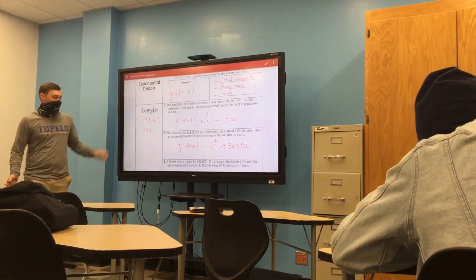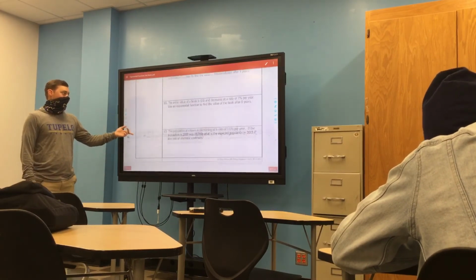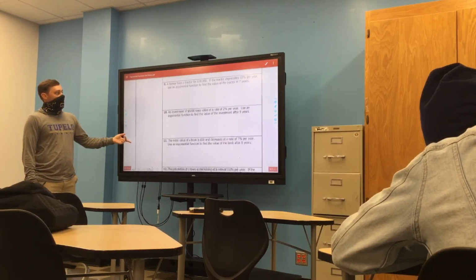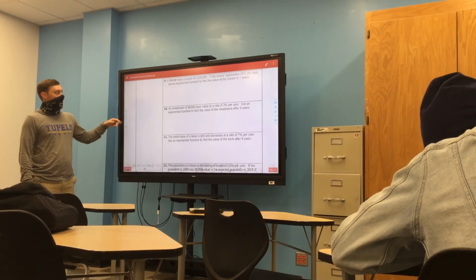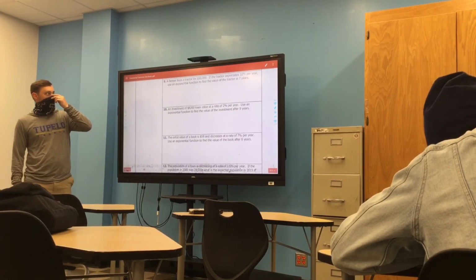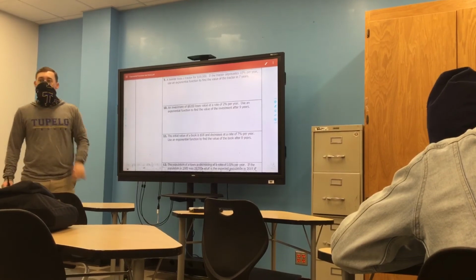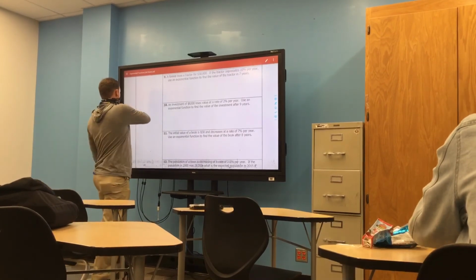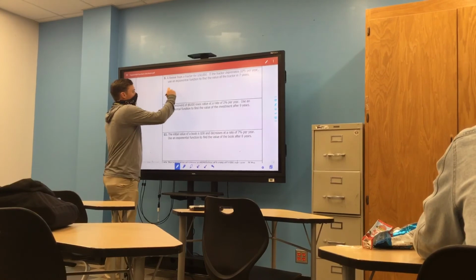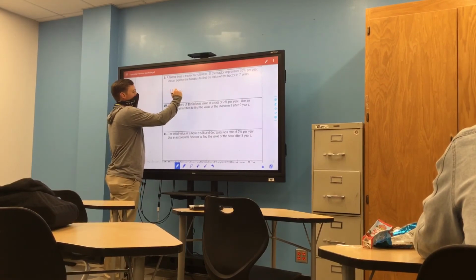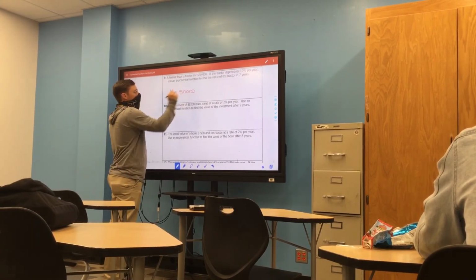So a farmer buys a tractor for $50,000. The tractor depreciates by 10% each year. Use an exponential function to find the value of the tractor after 7 years. Okay, so y is equal to my initial amount, which is 50,000.